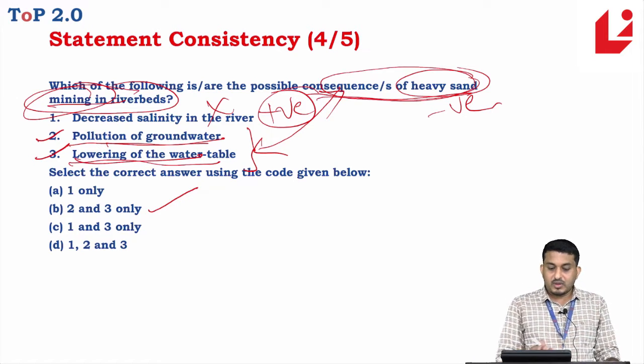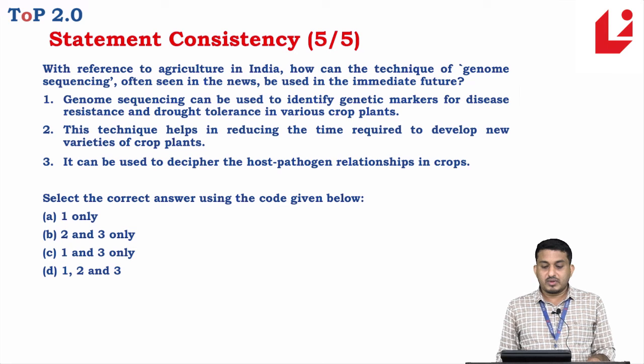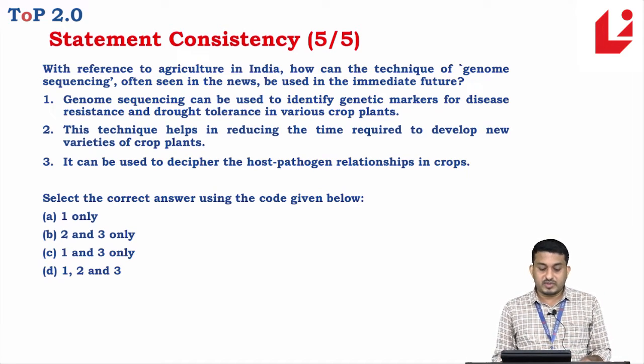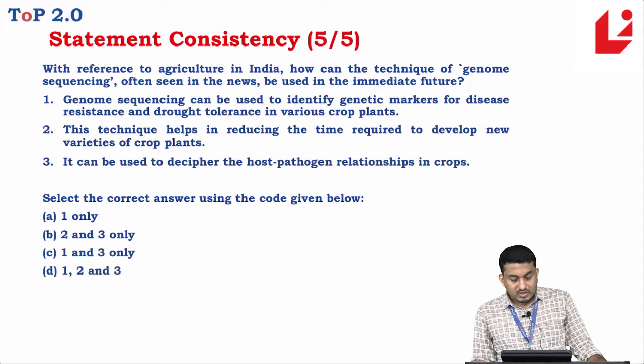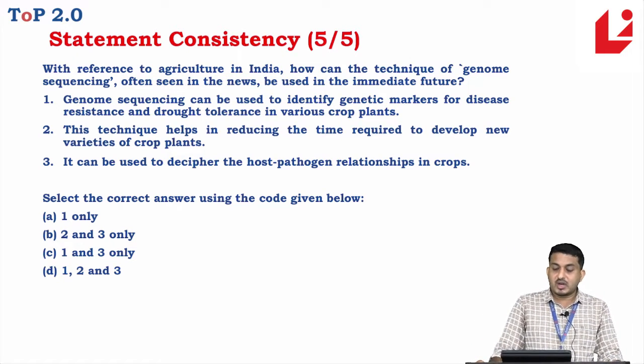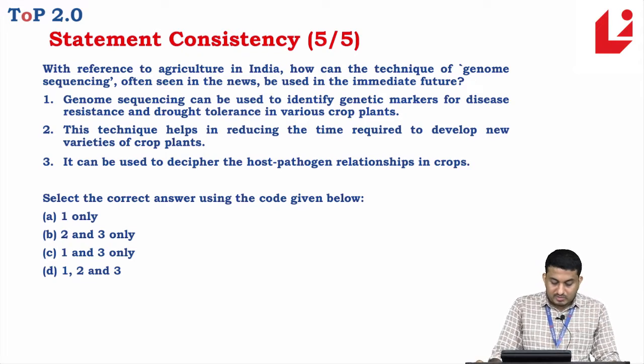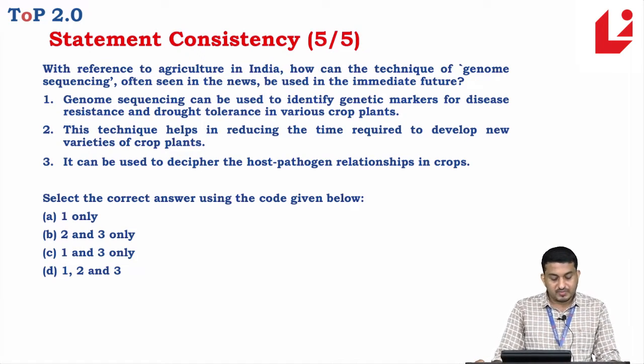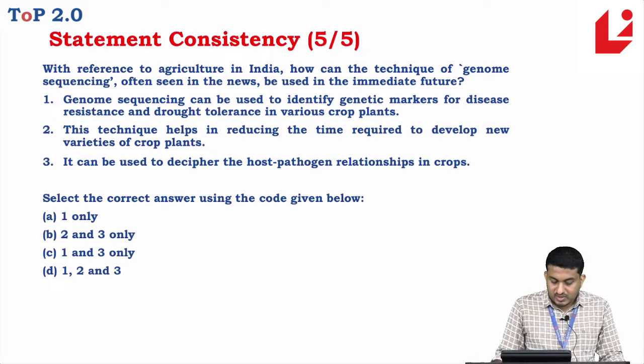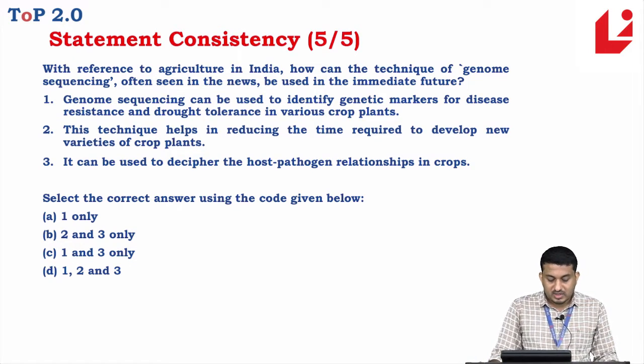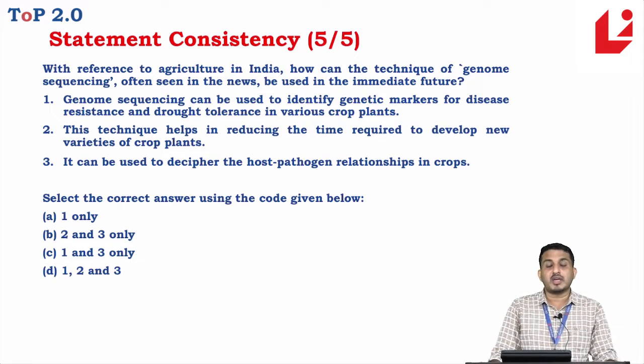Okay. Now coming to the last question of this particular segment, of statement consistency. With reference to agriculture in India, how can the technique of genome sequencing often seen in news be used in immediate future? Please note that in science and technology questions, UPSC is not expecting a scientist's knowledge here.